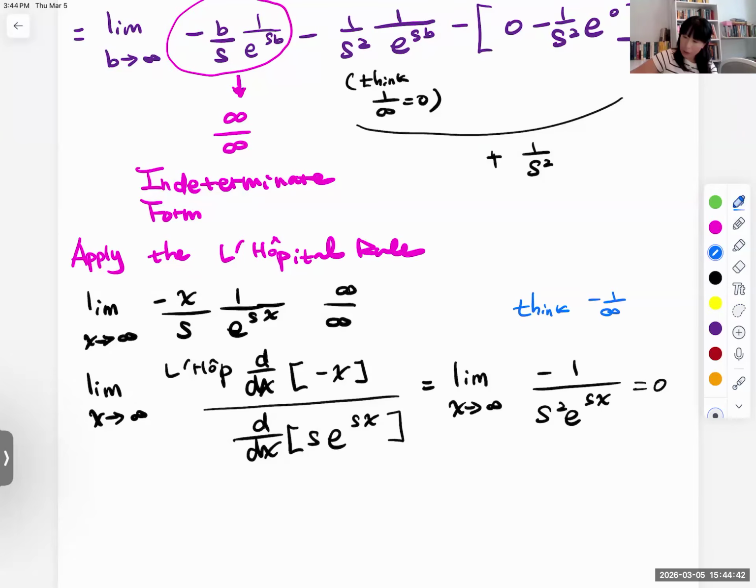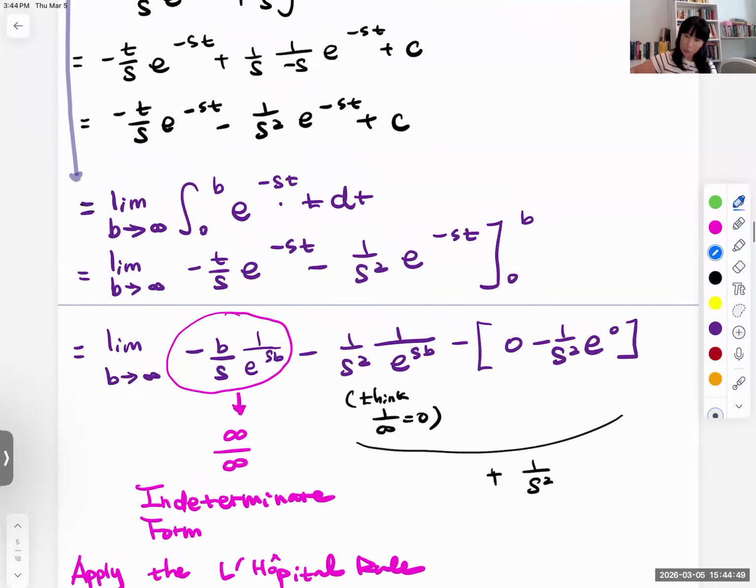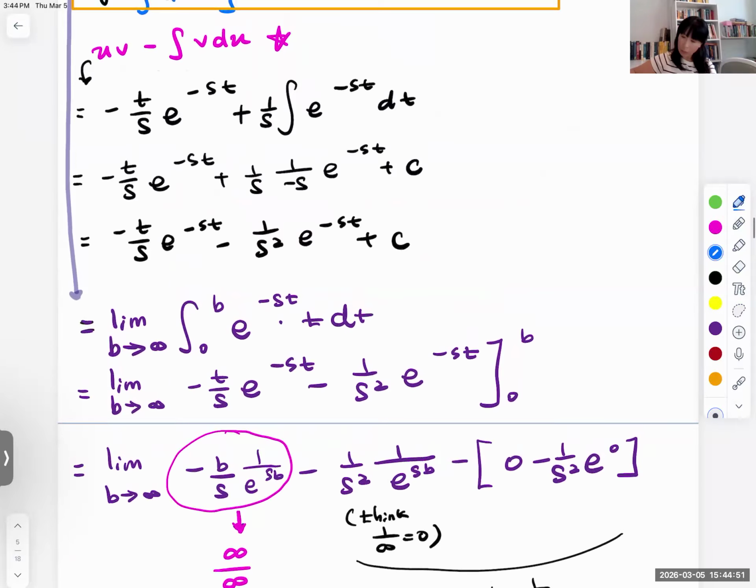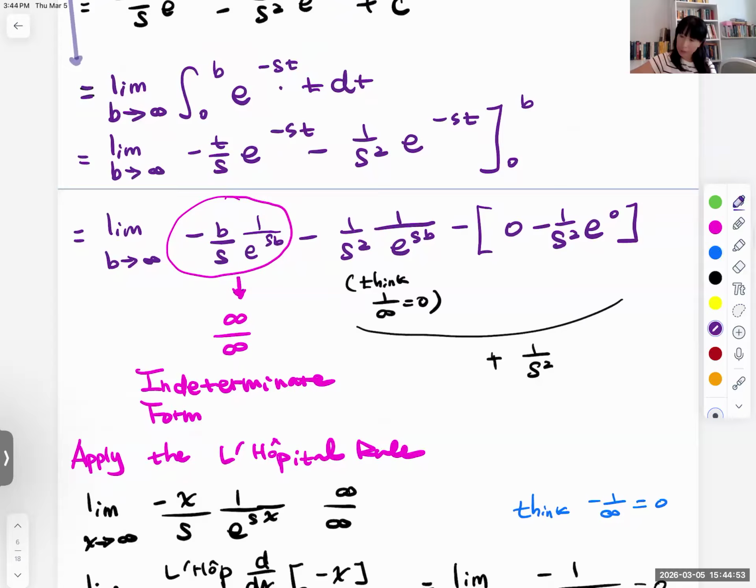So altogether, by using the L'Hopital rule, we have 0, and then plus 1 over s squared, which is 1 over s squared.